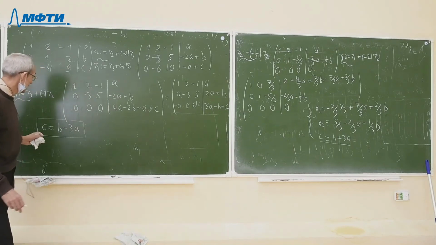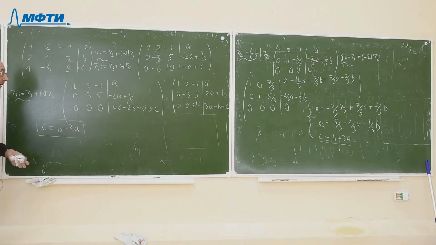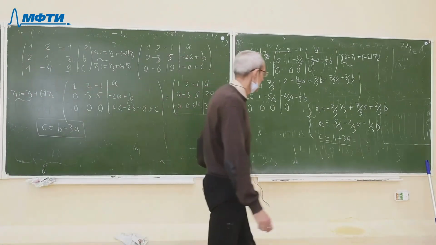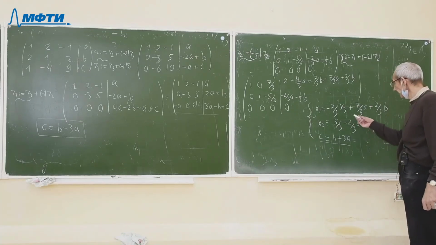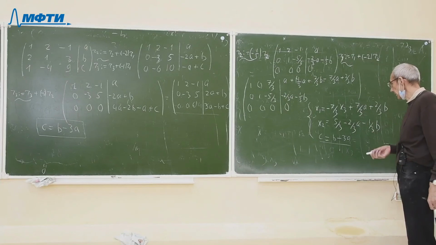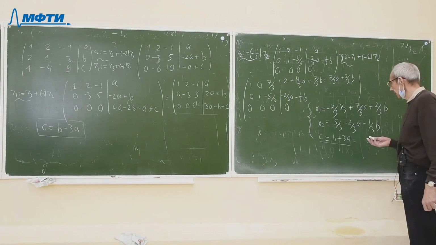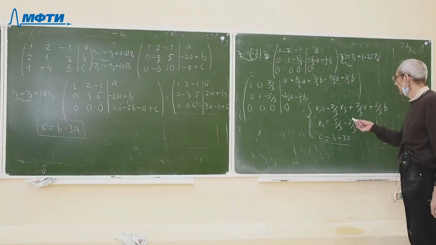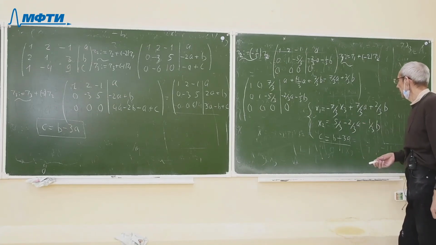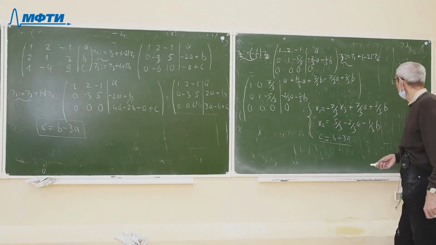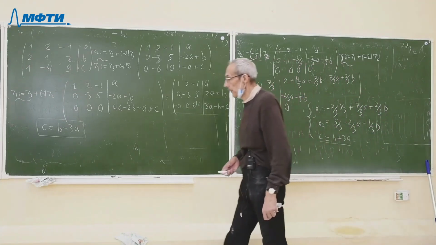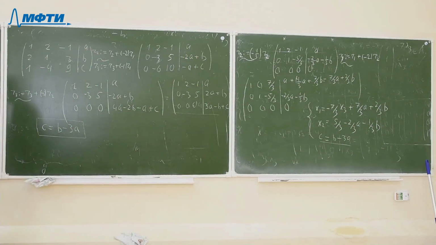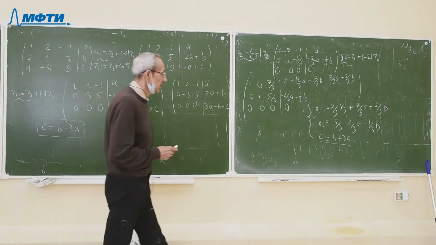In the case when we have such equality, this linear system has infinitely many solutions, which depend on arbitrary values of the free variable x3 and on the values of the parameters a and b. For any fixed values of these parameters, we have infinitely many solutions.